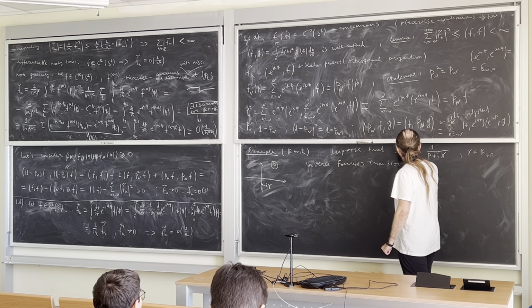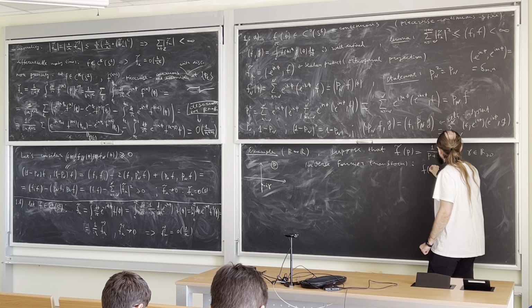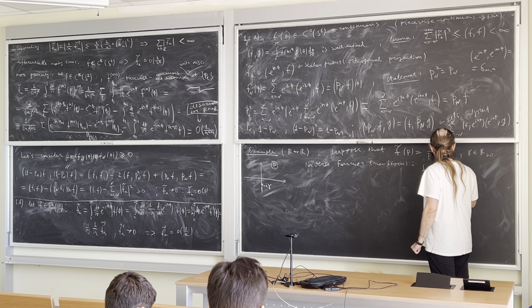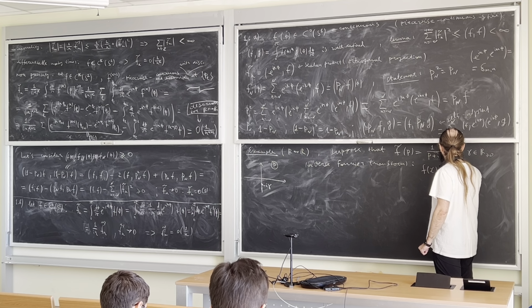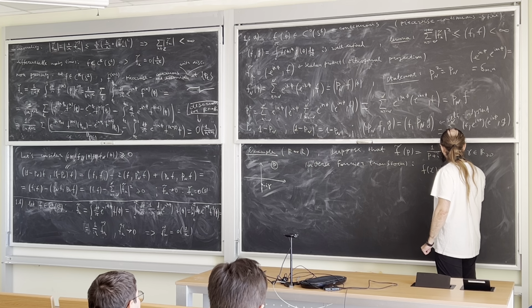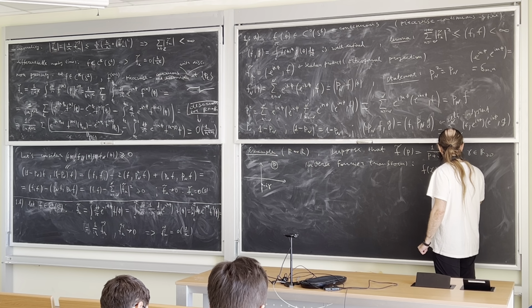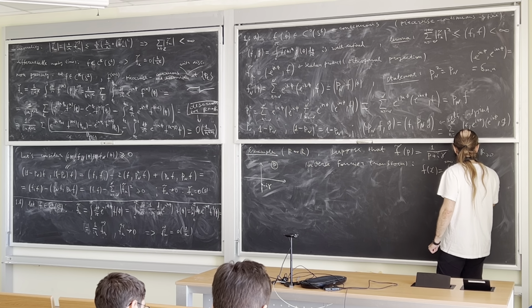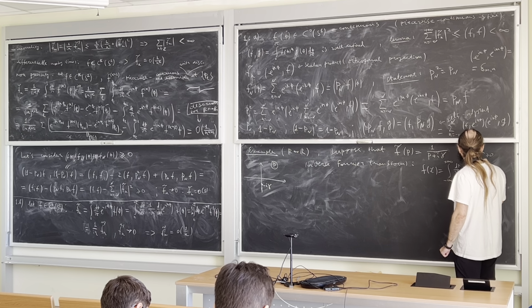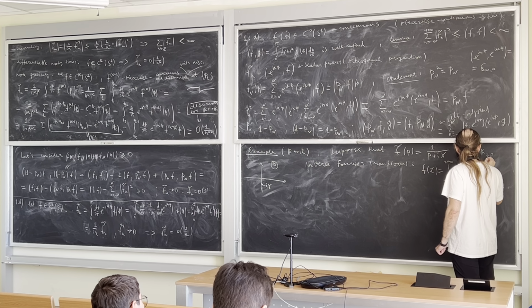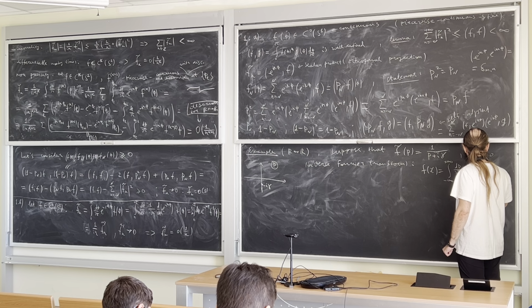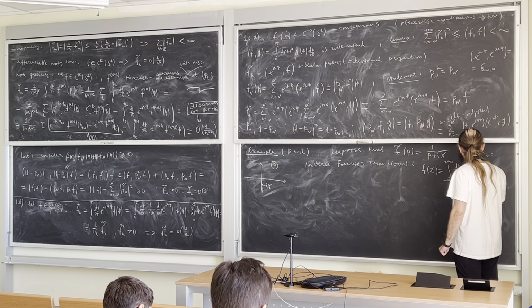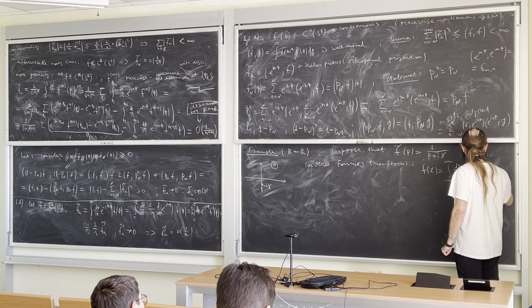So this is f tilde. So f of x conjecturally equals the integral from minus infinity to plus infinity of dp over 2 pi, e to the I p x over p plus I gamma.